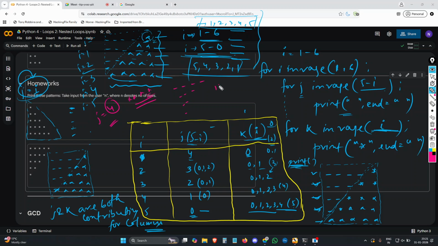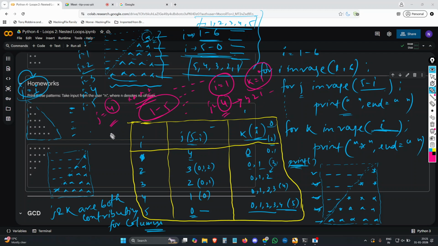I's value is starting from 1 and K is completely dependent on I. J I wanted to start from 4, then gradually it should decrement: 4, 3, 2, 1, and then it should not print anything.